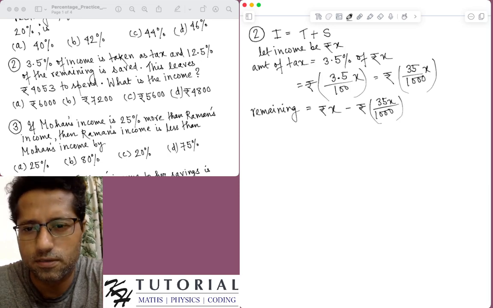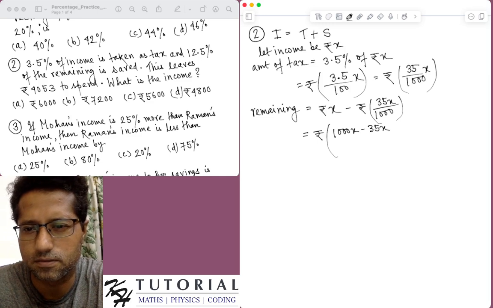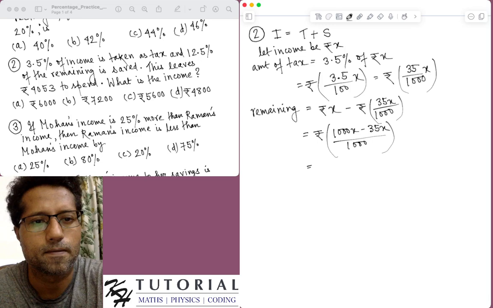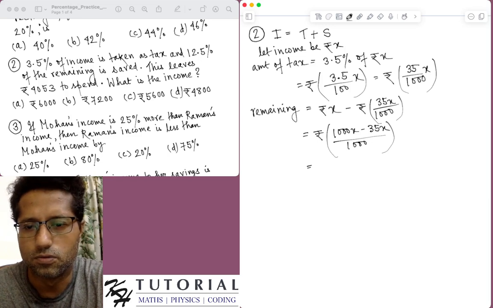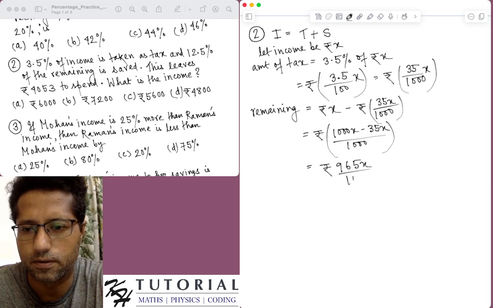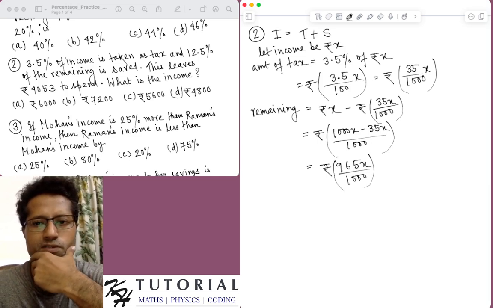So the remaining is 1000 X minus 35 X divided by 1000. This is 965 X by 1000.